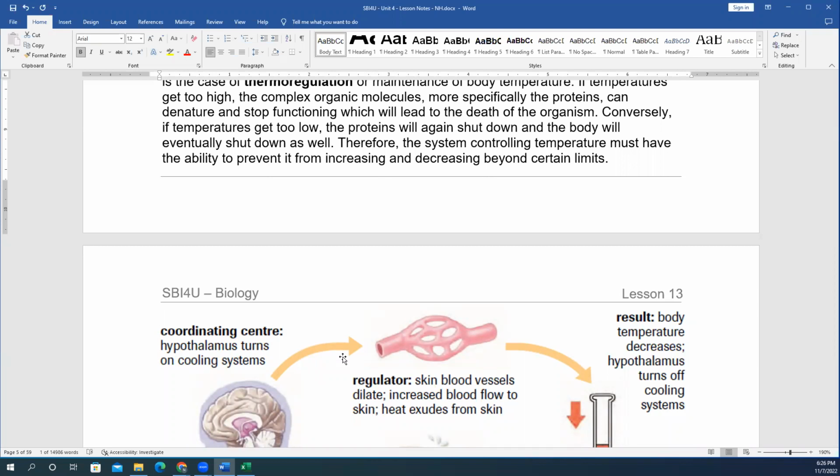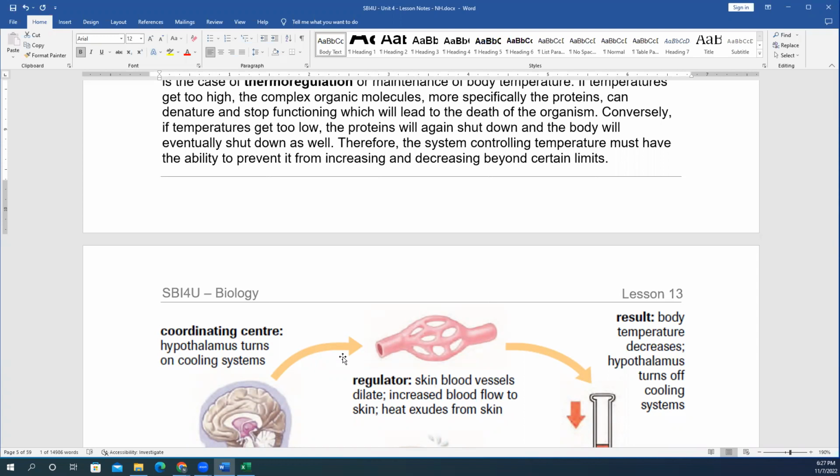And once proteins and enzymes denature, they stop functioning, which will lead to detrimental results at the cellular level, at the organ system level, and eventually possibly the death of the organism.